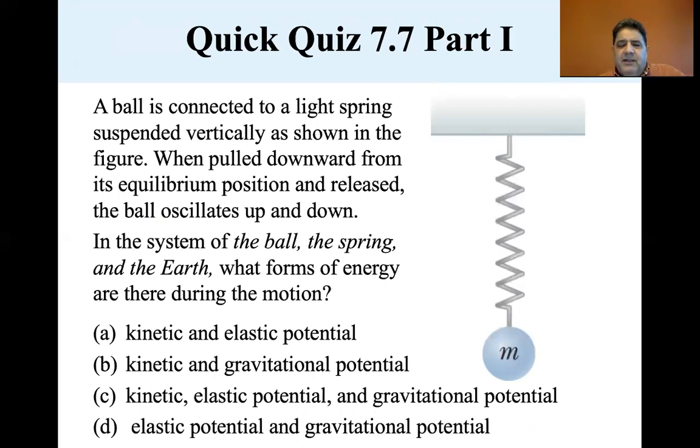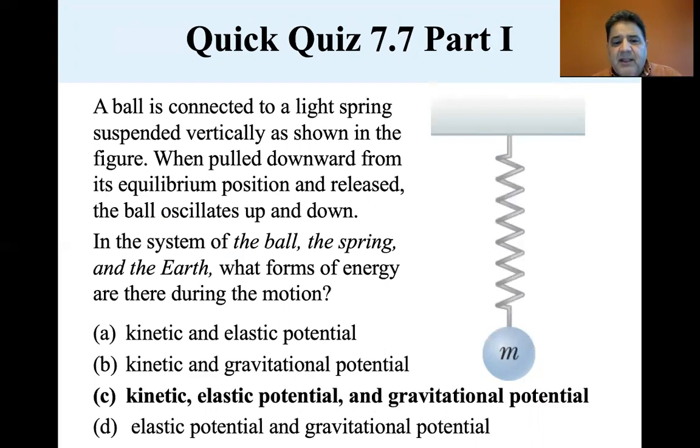And if the spring is being compressed or elongated, there's elastic potential energy. And if the ball is moving up, there's gravitational potential energy. So the only one that has all of those is C, the kinetic energy, elastic potential energy, and gravitational potential energy.